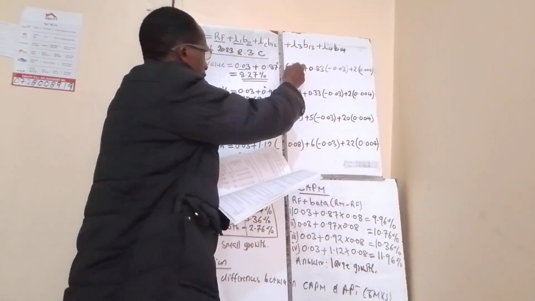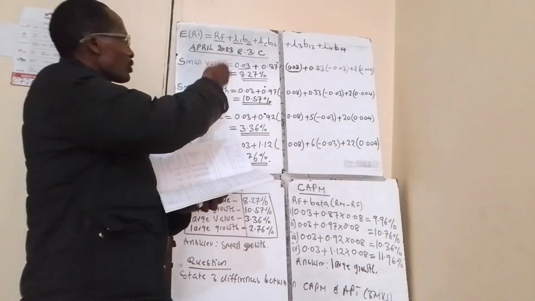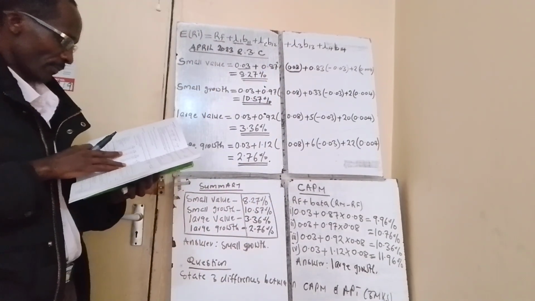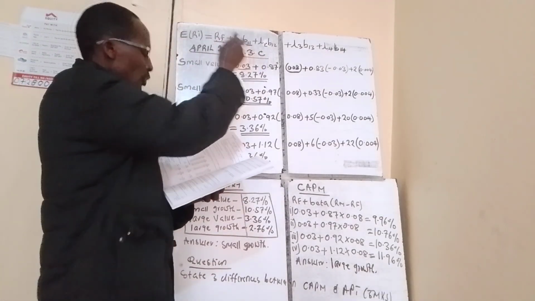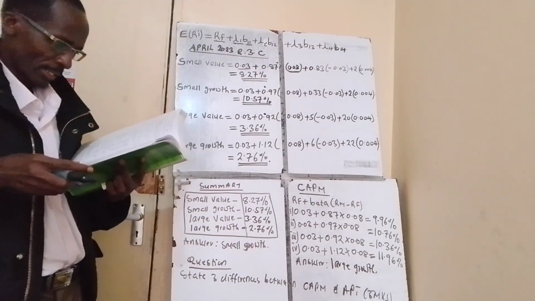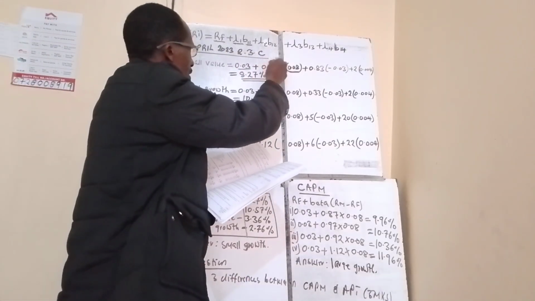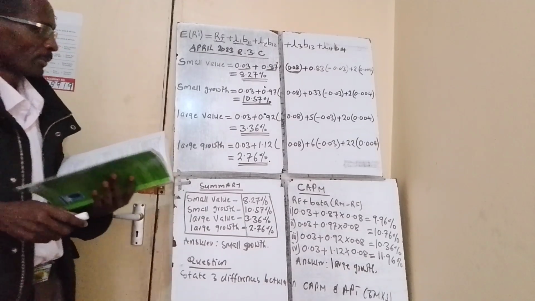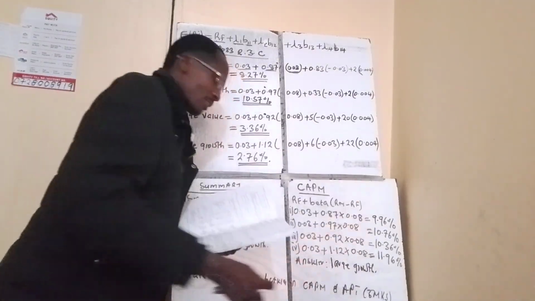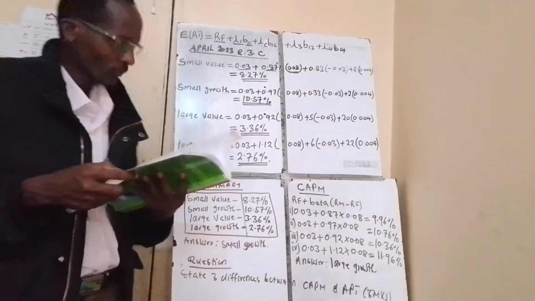So that is why we are multiplying by 0.08. You know how we get the risk premium: market rate minus risk-free rate. For this question, they have calculated it for you.